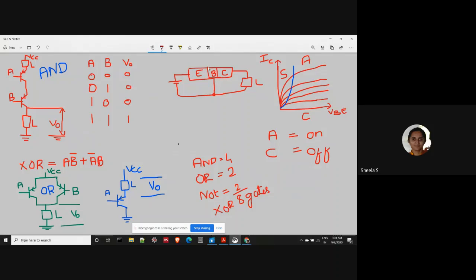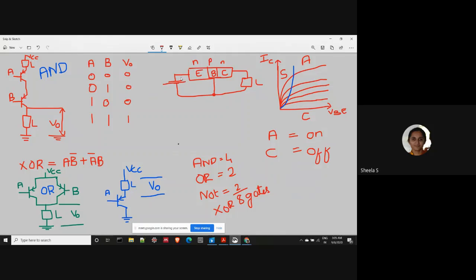So these are the corresponding junctions we have. If you are considering an NPN transistor, the emitter will be N type, the base will be P type, and the collector will again be N type. There will be a flow of current if this PN junction is forward biased, and again if this PN junction is forward biased, then there will be a flow of current across this junction as well as this junction.